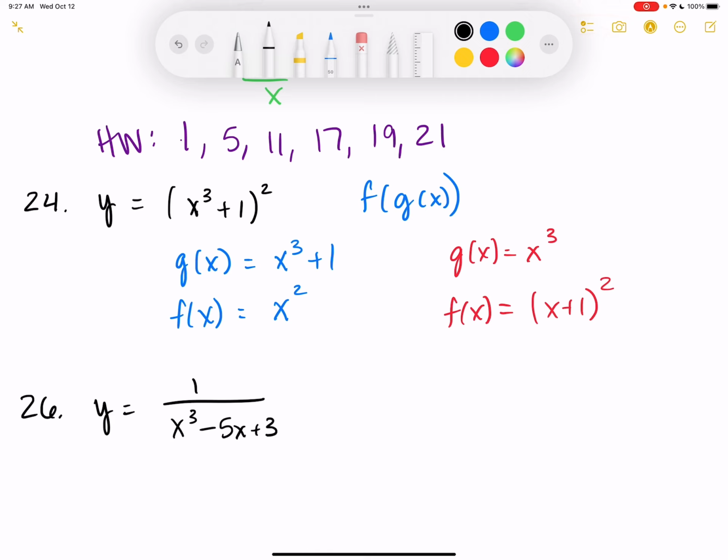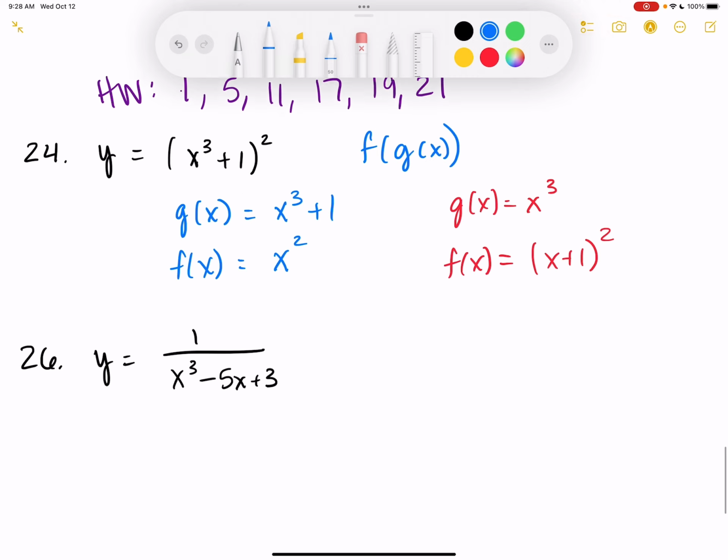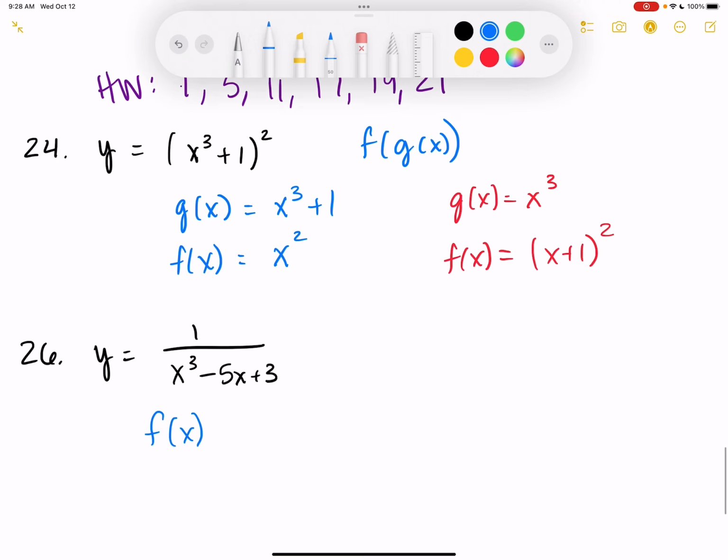And just remember, whatever you pick for g of x, as long as you could put an x there and replace that with all of that, it works. F is 1 over x, and then g of x is x cubed minus 5x plus 3.